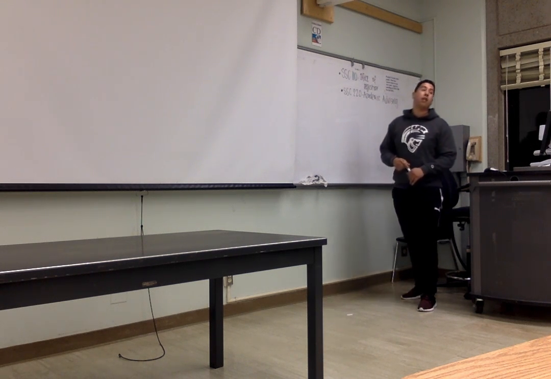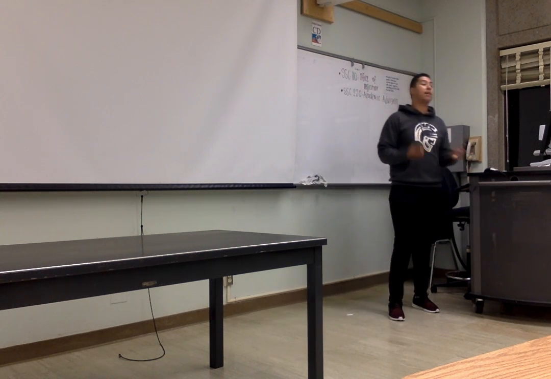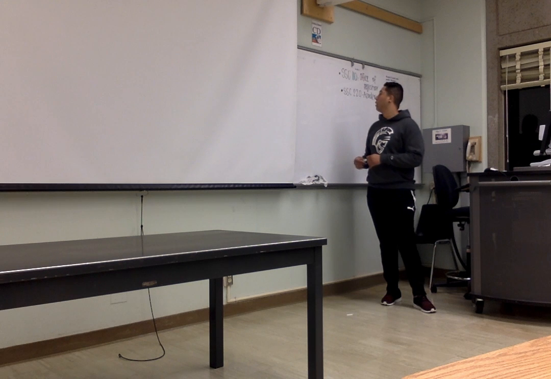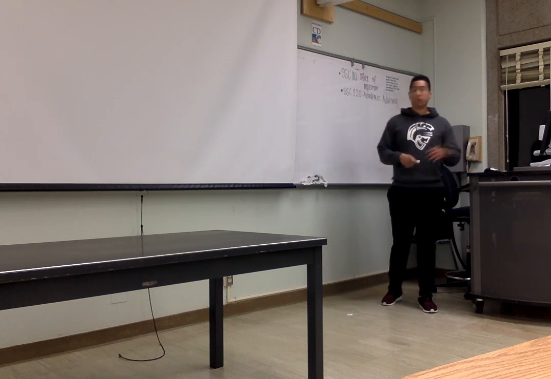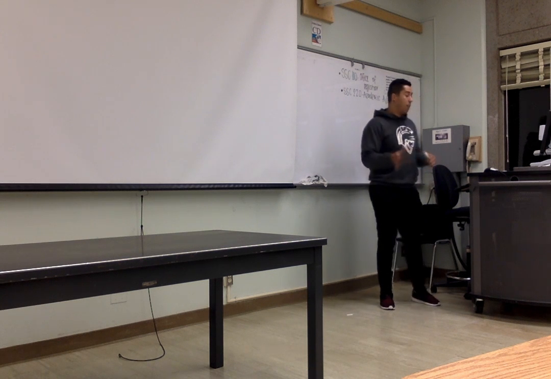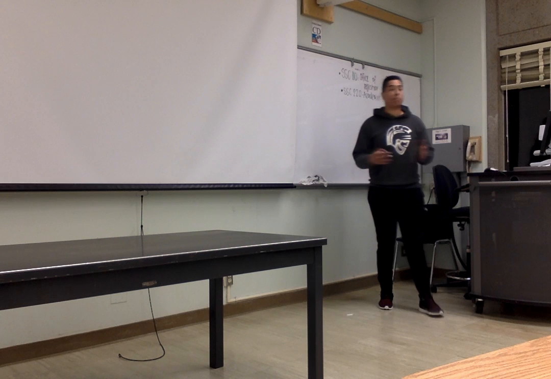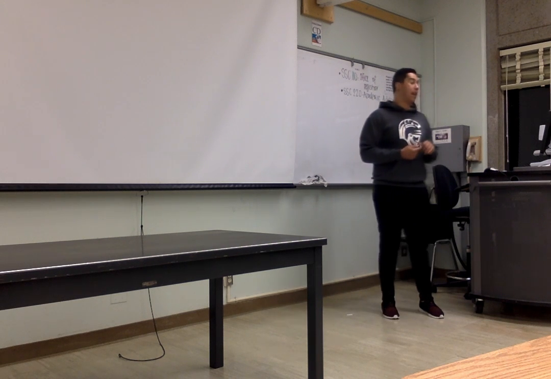Then we have the other type of advising, which is major advising. That has to do with major courses and what you have to do within your major. That's why it's called a dual advising system. Both are beneficial. You'll have to see both of them at some point during your stay at Chico State.